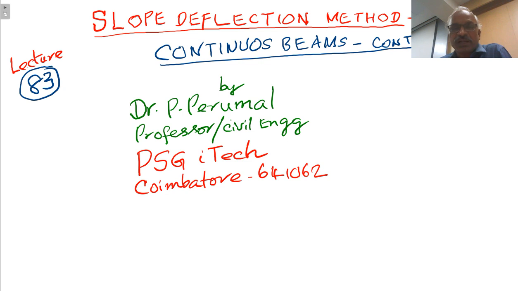So that we have completed. Of course, we have not completed the bending moment diagram. We have completed up to the final values of bending moments MAB, MBA, MBC, MCB, MCD and MDC. That we have completed in the last lecture, lecture number 82.